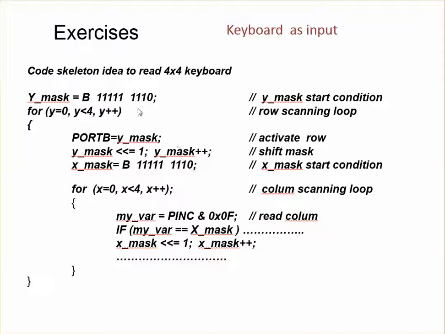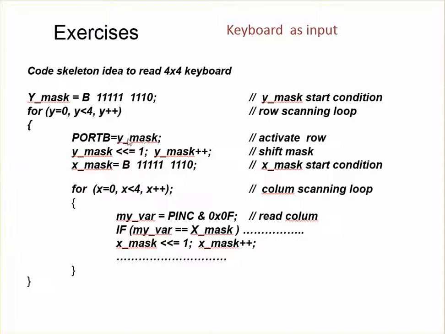And the outer loop here, that loop will control the rows. It will activate each row at a time. Here's the mask variable that will control which row we will activate, and in here we will output that mask variable to P port.